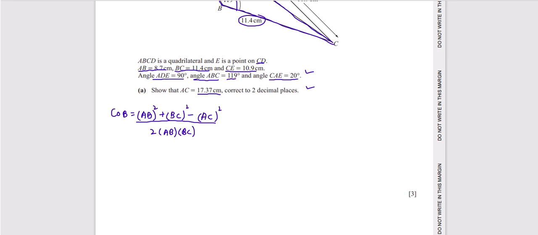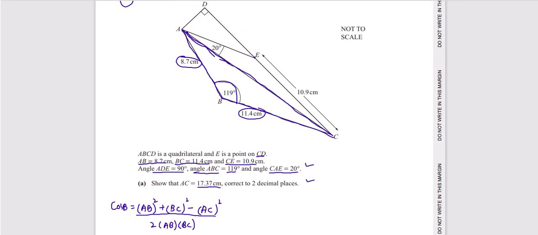Now putting the values, cos of B, 119, is equal to AB is 8.7 here.